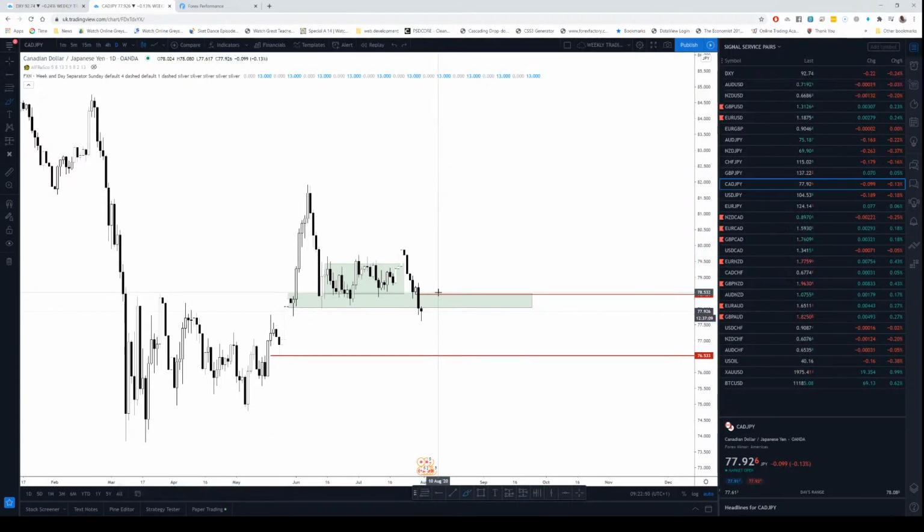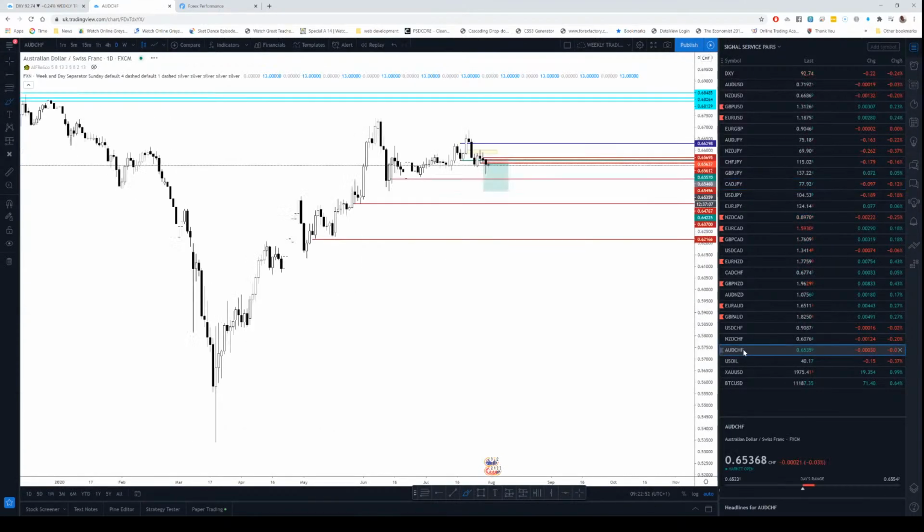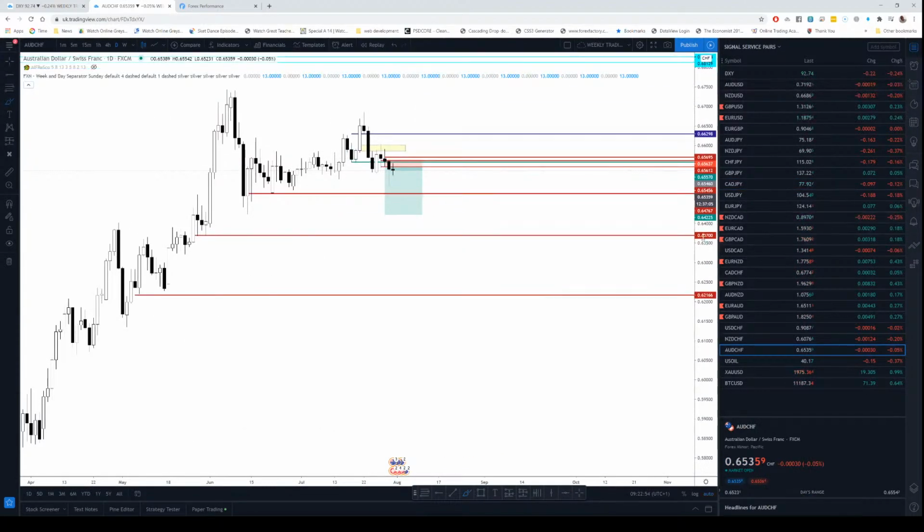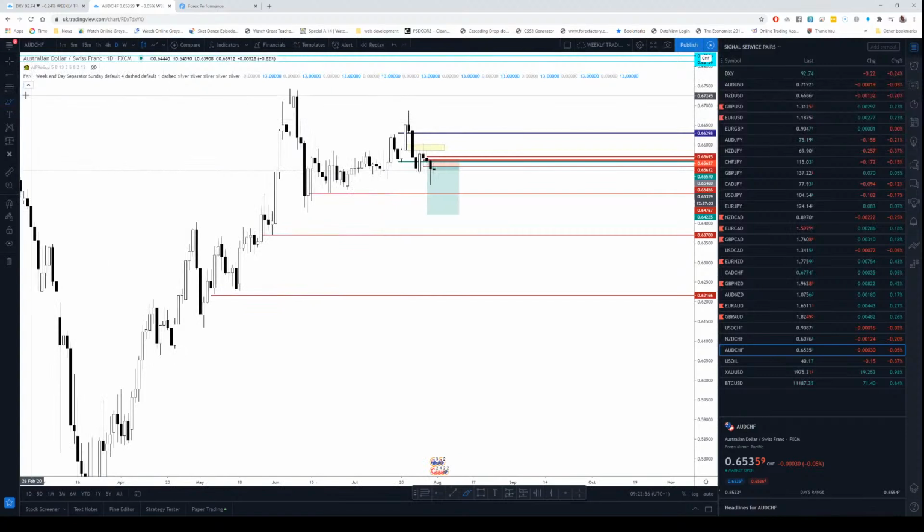That's what we're seeing, similar to Aussie Swiss. We had the consolidation, move to the upside, rejection. So once we come down here, we should see large range candles going down. Let's wait to see.